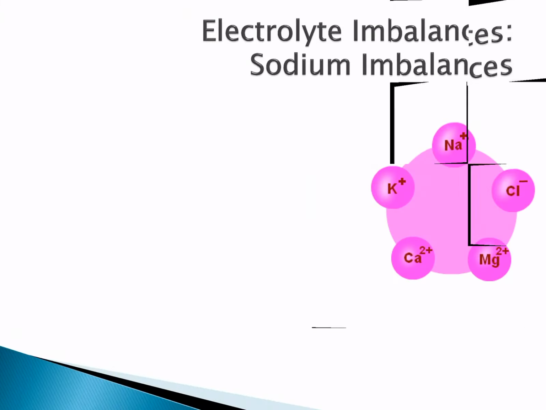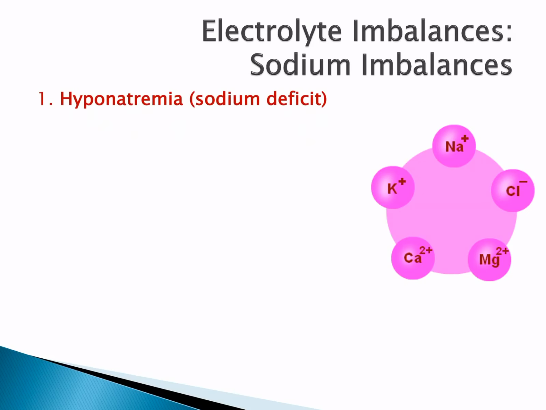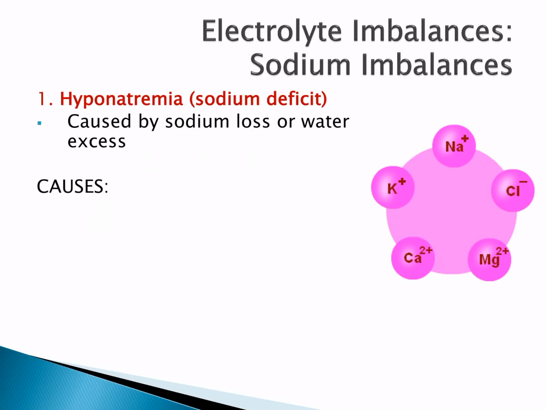So first we have your sodium imbalances. We have your hyponatremia, meaning it's sodium deficit or decreased sodium in the blood. It is caused by sodium loss or water excess. So what are the causes? Diuretics.